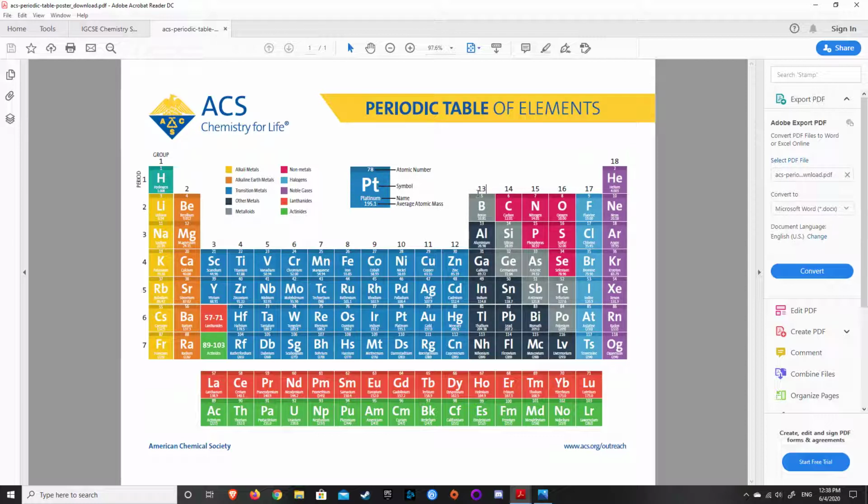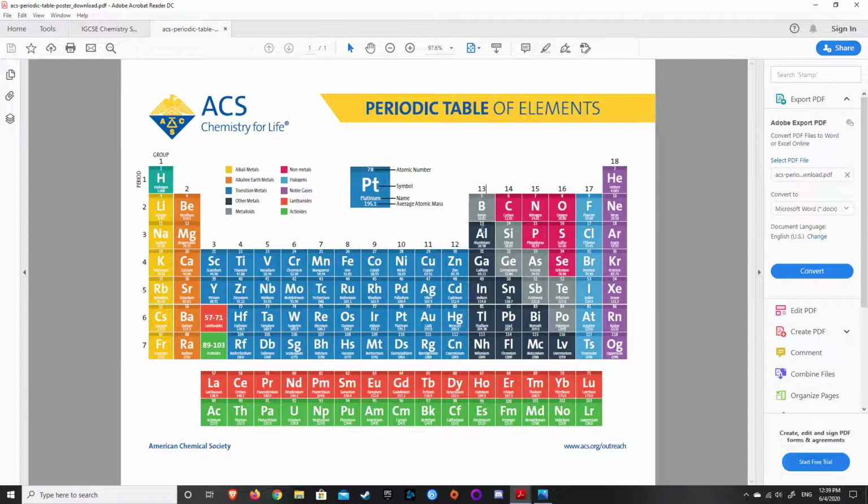If we take out the transition metals, which are metals we don't necessarily need to know much about in this class, you'll do that more in IB Chemistry next year, we're left with only the main group elements. Vertical columns are called groups, and horizontal rows are called periods. This is period 1, period 2, period 3.